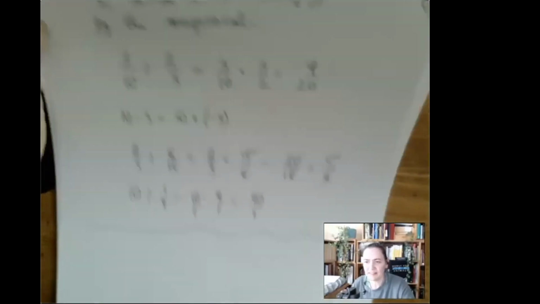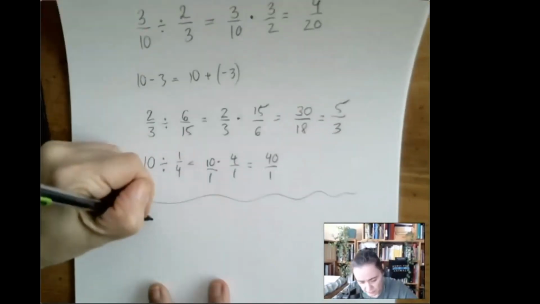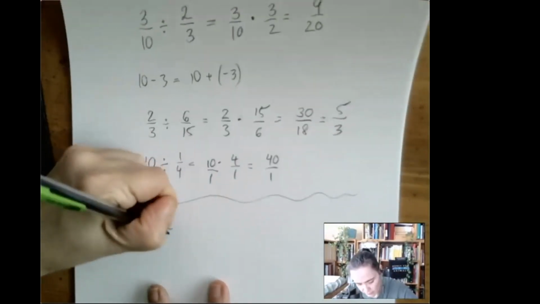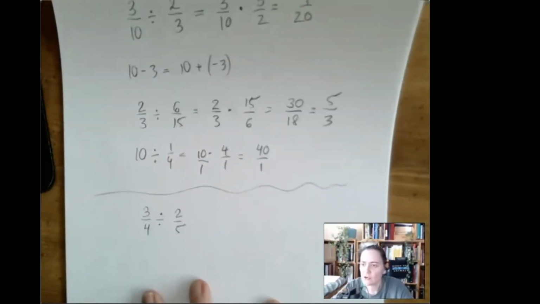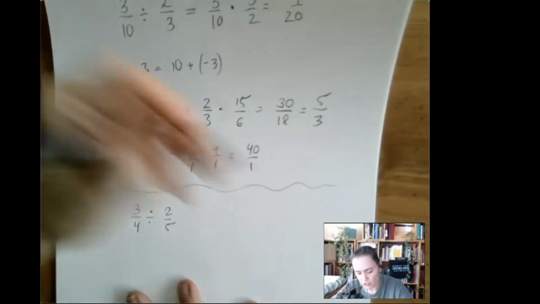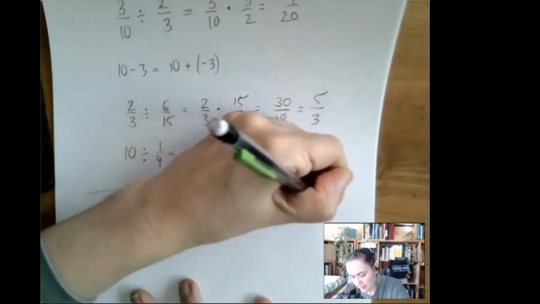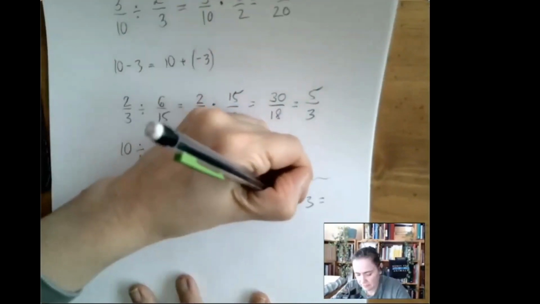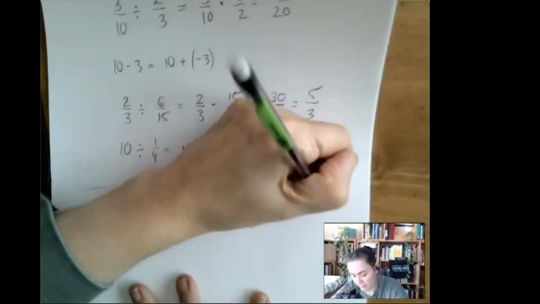I didn't even know about this. Just a few years ago, someone shared it with me. Let's do 3/4 divided by 2/5. Okay, so if these were integers, we could do something like 15 divided by 3. How much is that? 15 divided by 3 is 5.